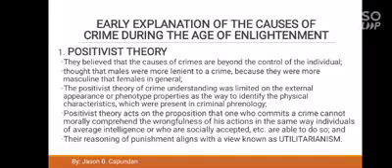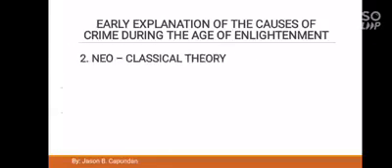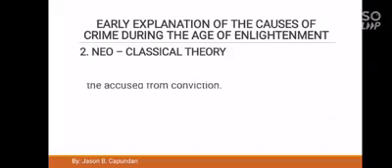In the mid 1800s, ideas about criminals and punishment started to evolve. Positivist criminology began to emerge, which is the study of criminal behavior based on external factors. And we have the Neoclassical Theory.